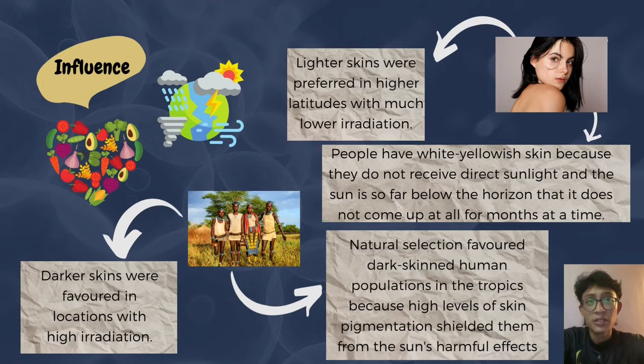During hot weather in equatorial areas such as Africa, people tend to have dark skin because natural selection favored dark skin in the human population in the tropics, because a high level of skin pigmentation shielded them from the sun's harmful effects. Whereas at polar areas such as Iceland, most people have white yellowish skin because they do not receive direct sunlight, and the sun is so far below the horizon that it does not come up at all for months at a time.